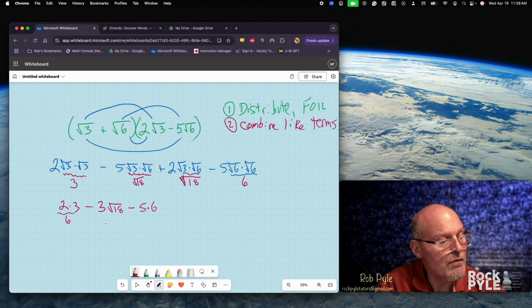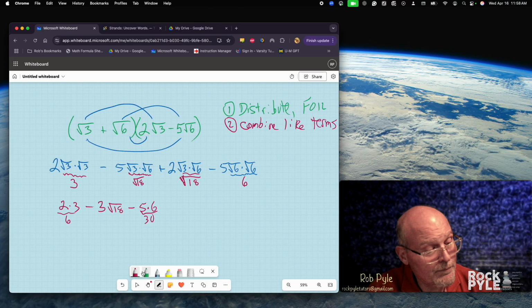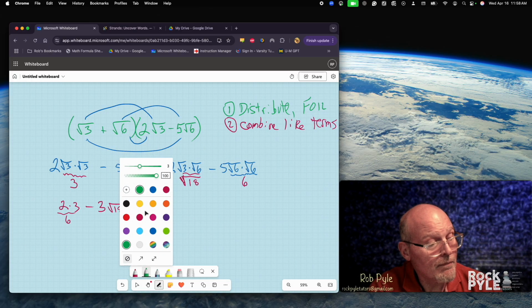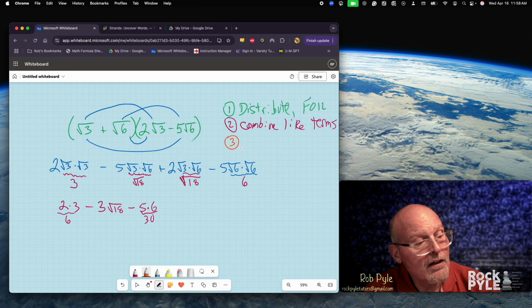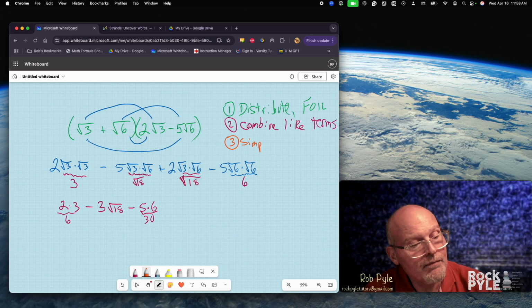I'm going to combine those, and then 6 minus 30, I'm going to do that in one sec. So that becomes that, and now what I want to do is simplify the radical.